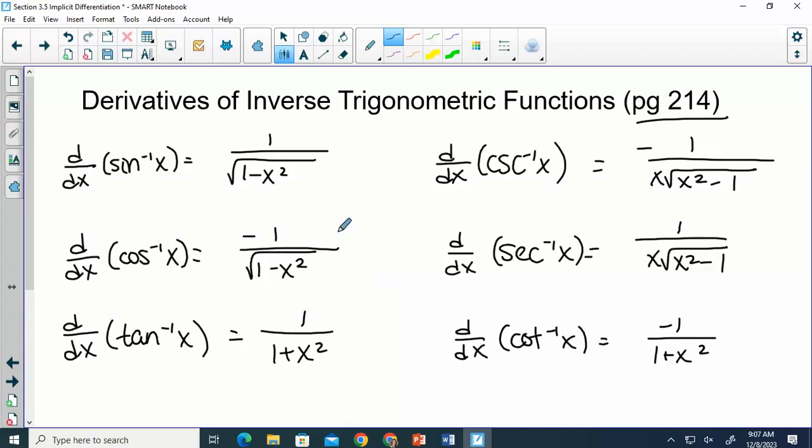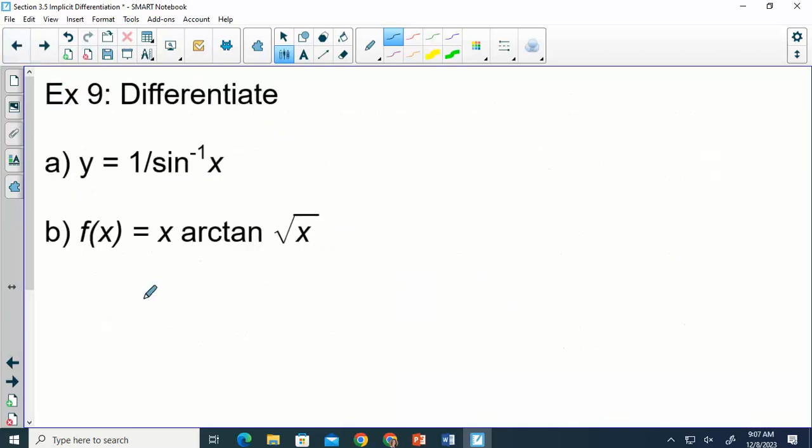Okay, it's good there. Y equals 1 over sine inverse of x. 1 over is a negative 1 power.